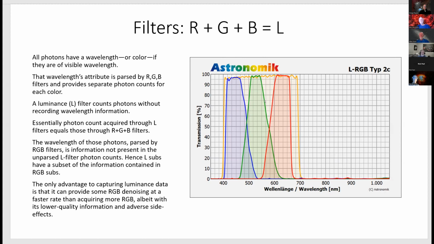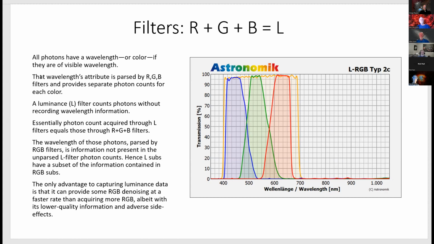Now, there may be a few gaps in here somewhere. Different filters are different from this. Some have wider gaps. Some cover closer to the edges of their corresponding bands. But basically, this is true because we're just doing photon counting.